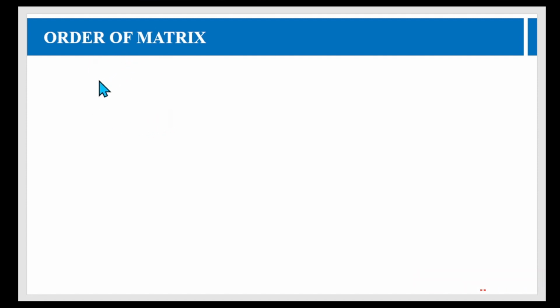To understand order of matrix, let us consider an example. A equal to 1, 2, 3, 4, 5, 6. Now, to learn order of matrix, we should be thorough with that.